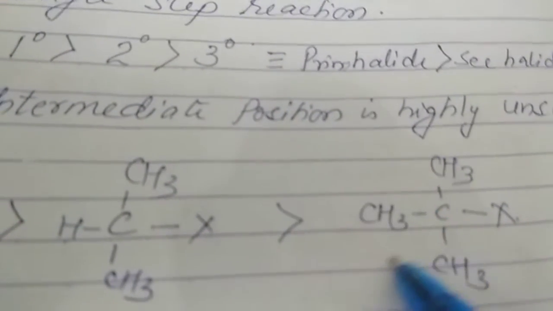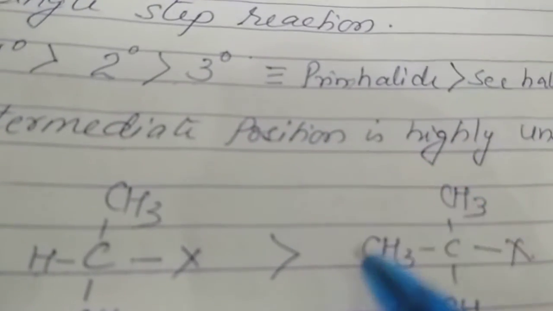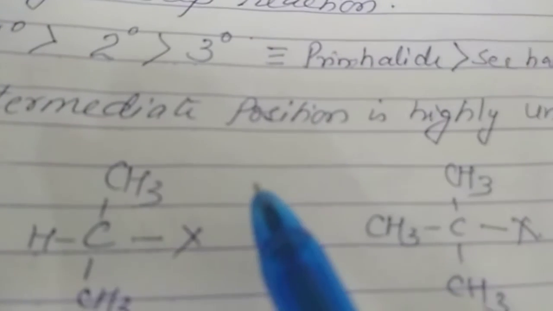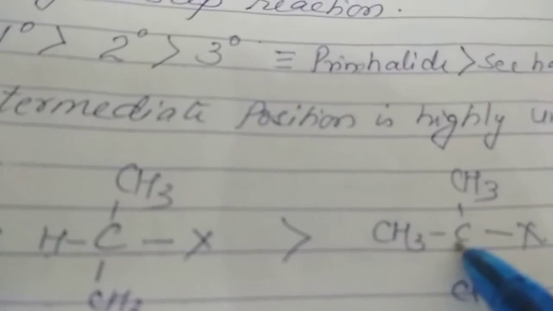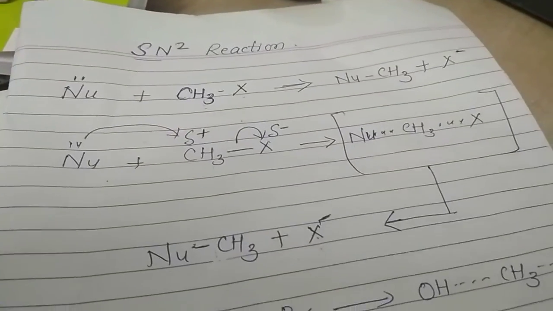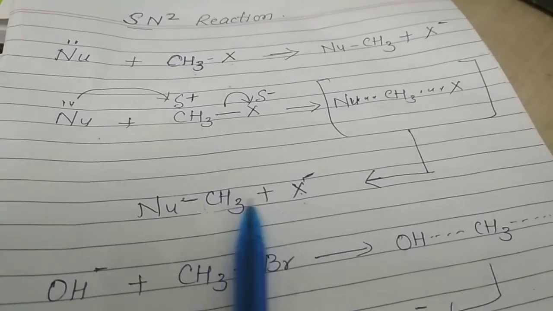If more and more bulky groups get attached here, then because of their arrangement the hindrance comes, which we call steric hindrance. Thus the incoming OH group cannot get into position to attack this carbon, and thereby the SN2 reaction becomes a little difficult for tertiary alkyl halides. So this is the reaction we have discussed, the SN2 reaction, that is, the nucleophilic substitution bimolecular reaction.